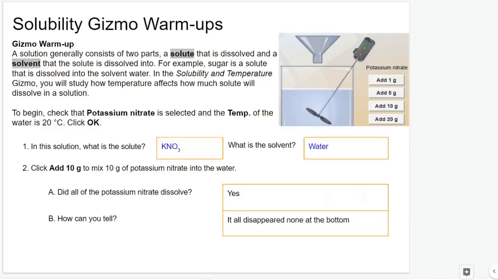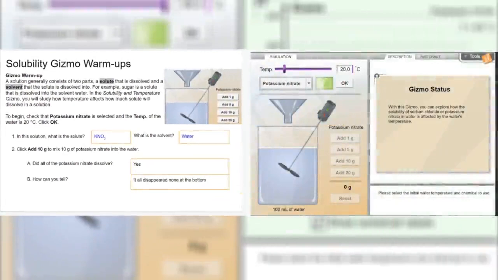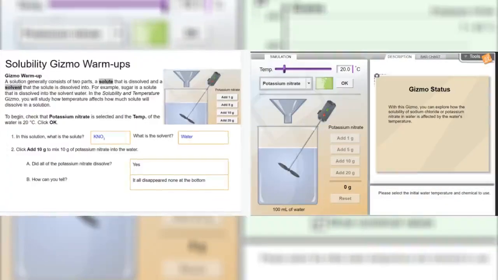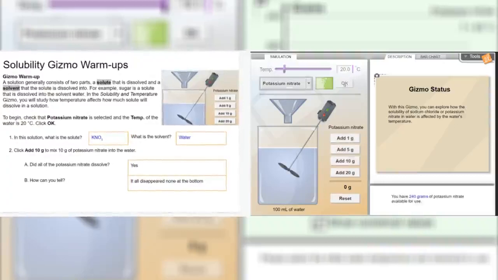To begin, we checked that potassium nitrate was selected and the temperature of the water was 20 degrees Celsius. So in the solution, our solute was the potassium nitrate, which I wrote with its chemical symbol, KNO3, and the solvent was water. Remember, our solvent is almost always going to be water.